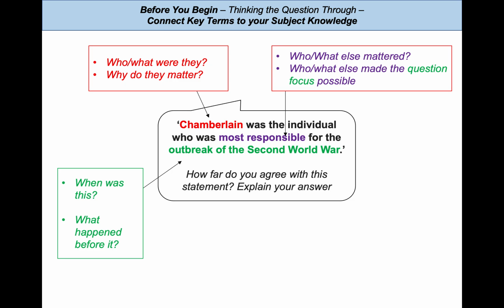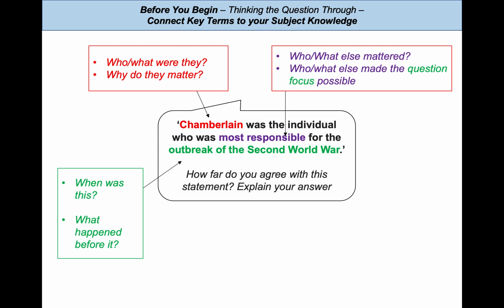So who else might this question want me to talk about? And then finally, what do I know about the outbreak of the Second World War? Why did it happen? What happened in the lead up to it? If I have a quick think about those ideas just before I start to formulate a plan for my response, chances are the way in which I write my response will be a lot more organised.